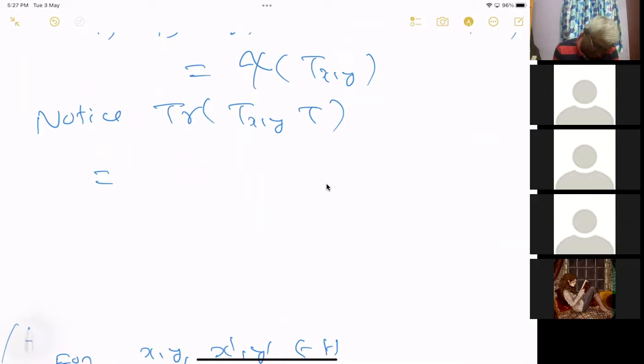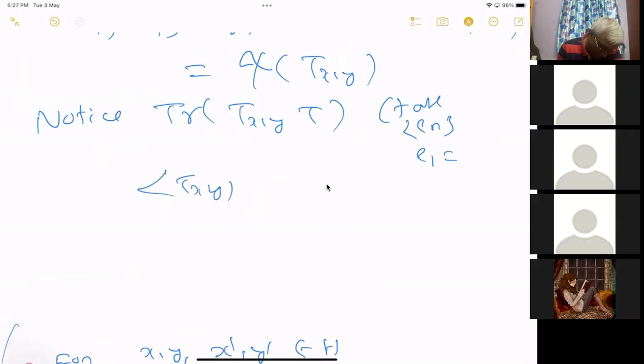so you can take an orthonormal basis, E_n, an orthonormal basis with E_1 equal to, let me see what we need. This is equal to the trace of T_{x,y} T, summation n equal to 1 to infinity, E_n an orthonormal basis.